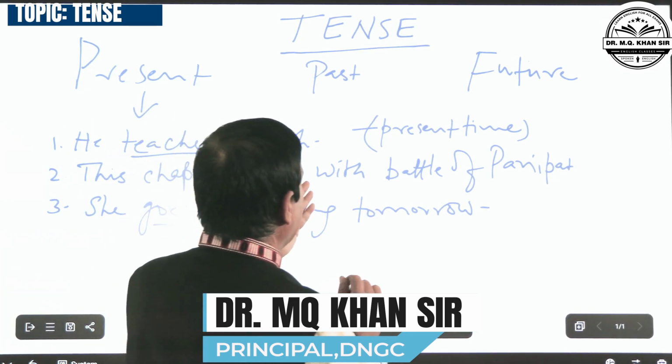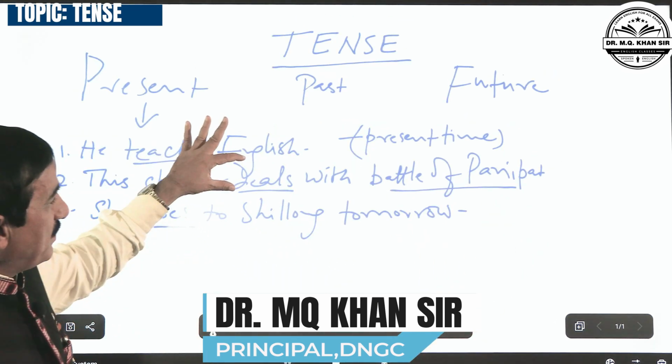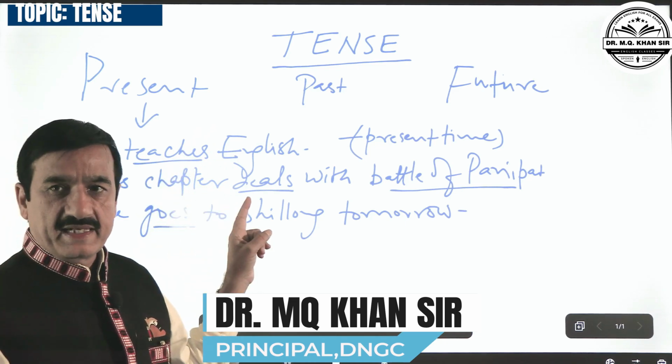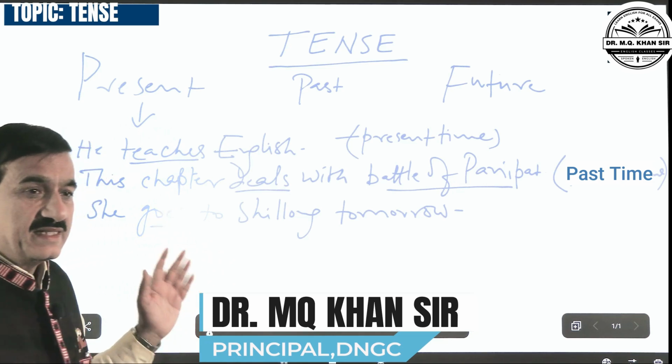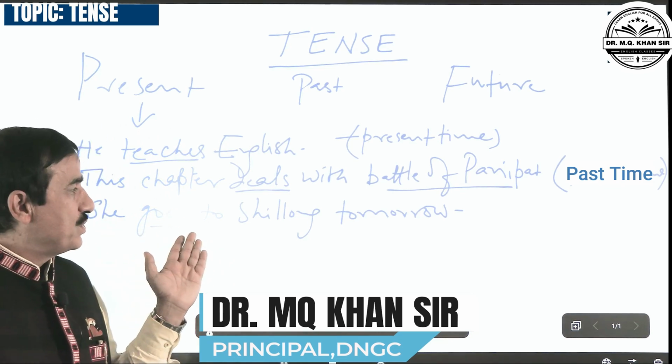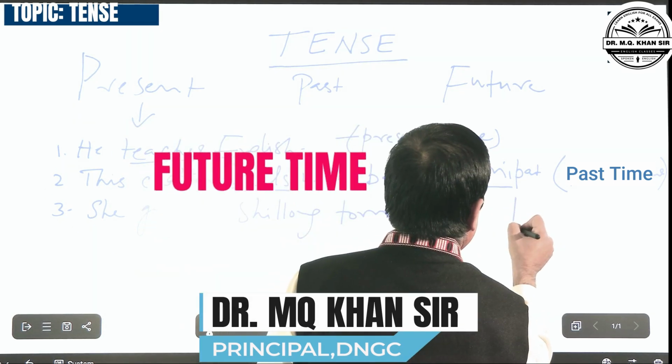Then this chapter deals with Battle of Panipat. Here, the tense of the verb is simple present, but it refers to past time, past action. Look at sentence number 3, she goes to Shillong tomorrow.